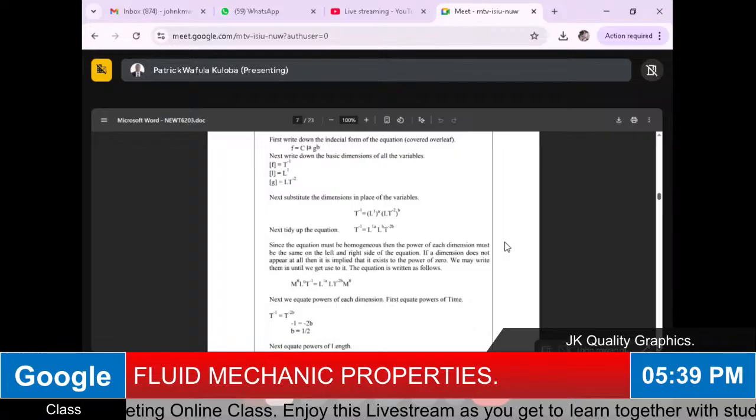The NLT equation for G, meters, which is L over T raised to 2.